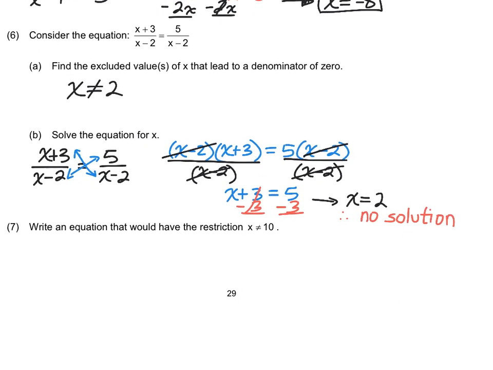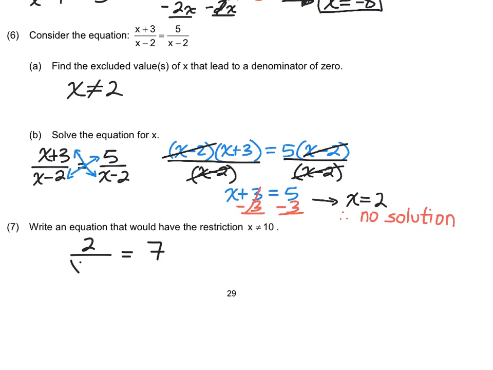All right, and so the last problem here on page 29 is just asking you to write an equation that would have the restriction of x cannot be equal to 10, and really you can write anything you want. So let me say 2 over something equals 7. I don't know. Give me the something.